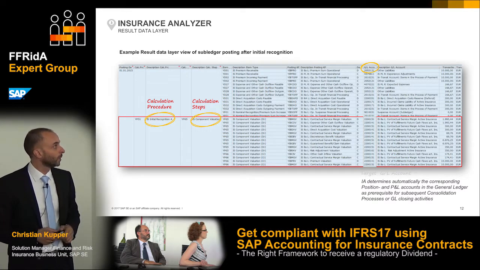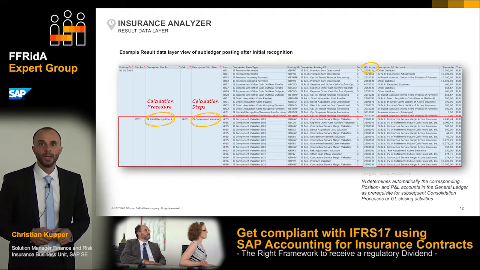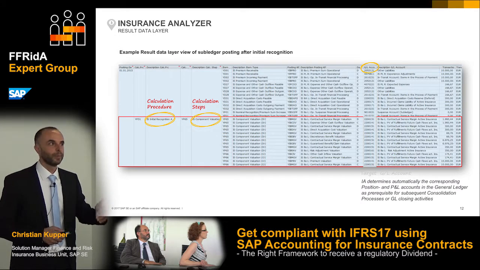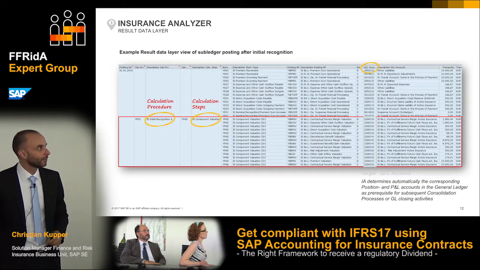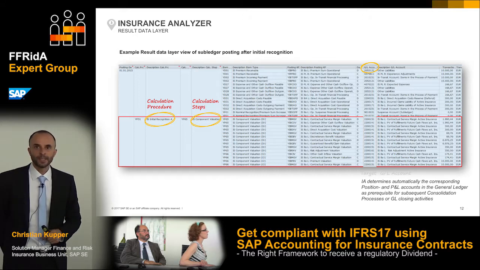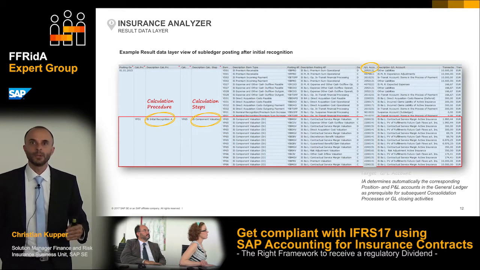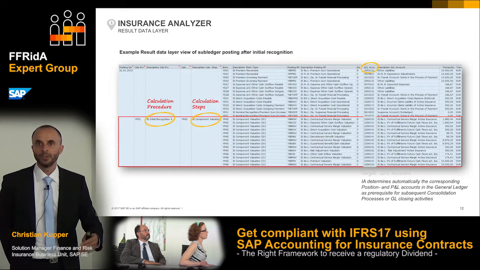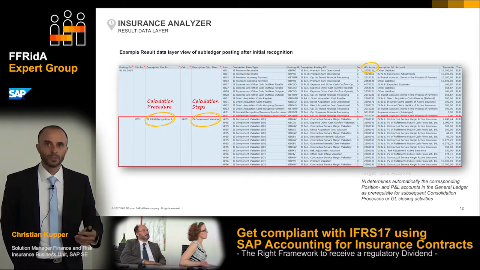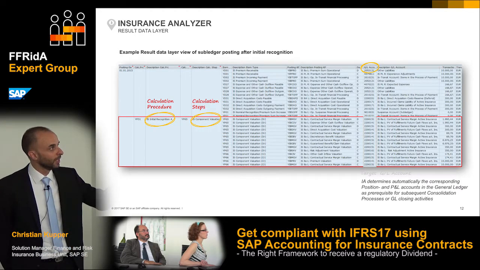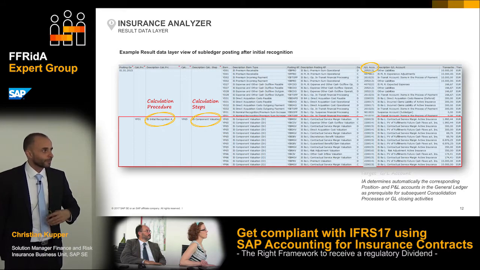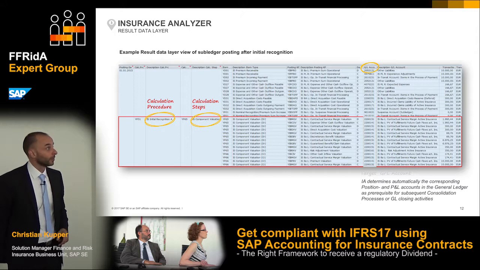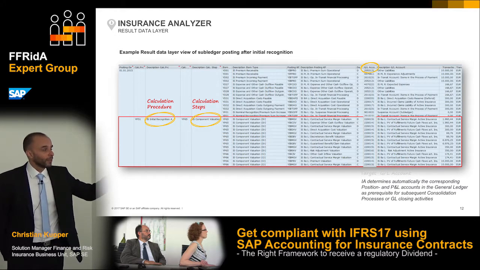The first thing here was the component valuation, everything that I mentioned on the slide before. On the right-hand side of the screenshot, you see that the GL accounts have been determined automatically. So depending on your chart of accounts, the system can be configured flexibly to the posting rules and then used subsequently.